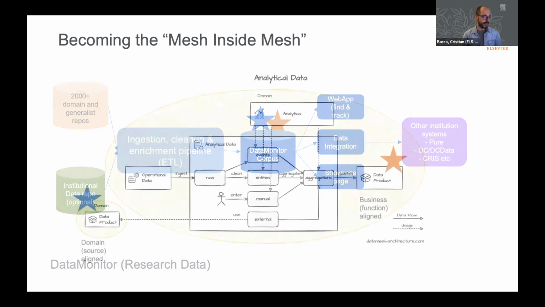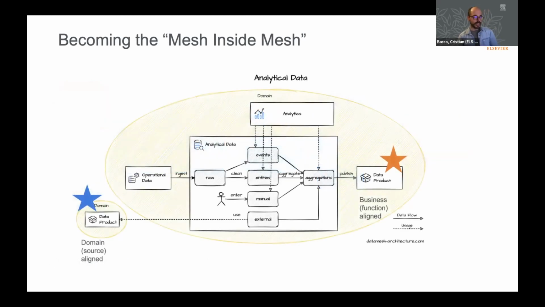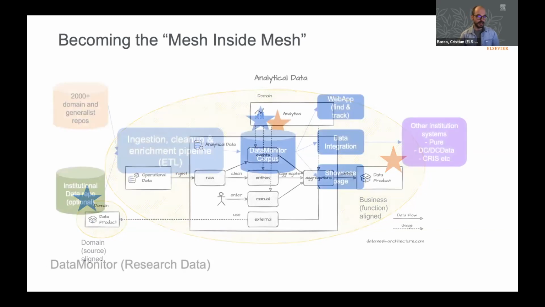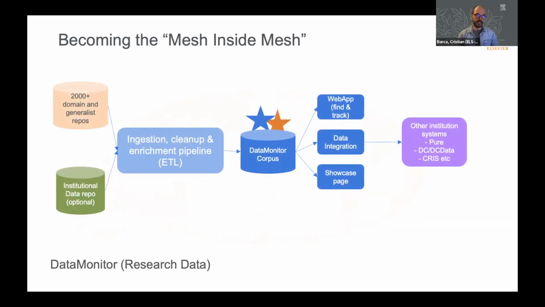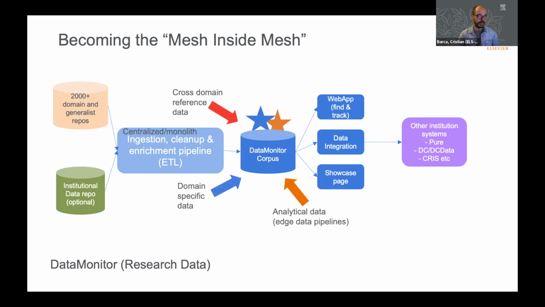So going back to it, we basically had two data products inside of a product. We had cross-domain reference data in, domain-specific data inside, and analytical data, right, coming from edge data pipelines.